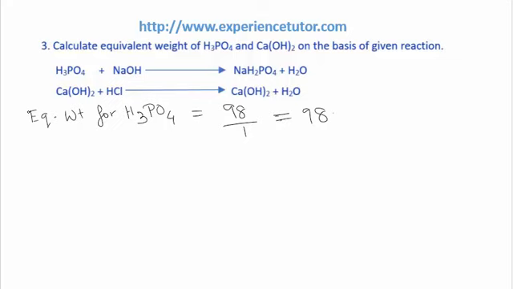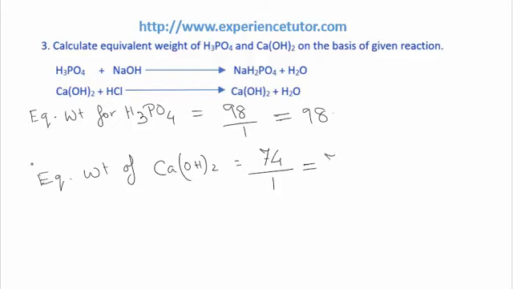Similarly, equivalent weight of calcium hydroxide Ca(OH)2 is equal to 74 upon 1, which is equal to 74.